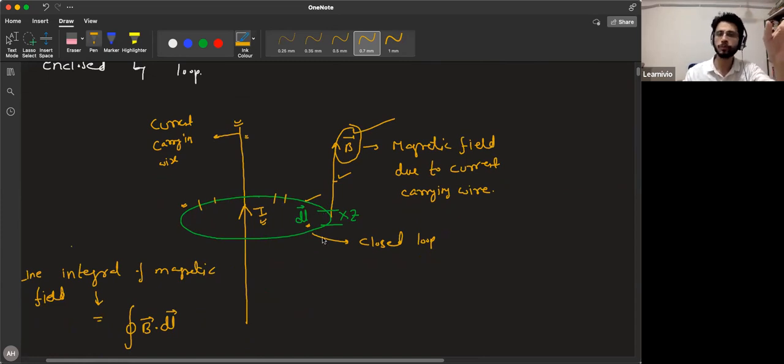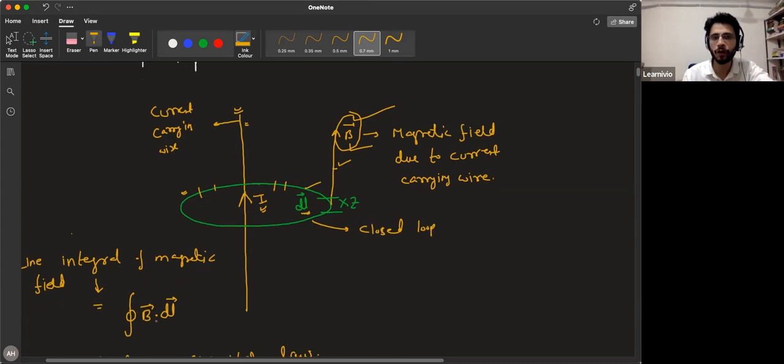I just choose a loop and I ask you to take the line integral of the magnetic field. For the line integral, you will take the dot product of the magnetic field with the line element, which is B dot dl. You choose a line element dl here and take the dot product, then choose a line element here and take a dot product.